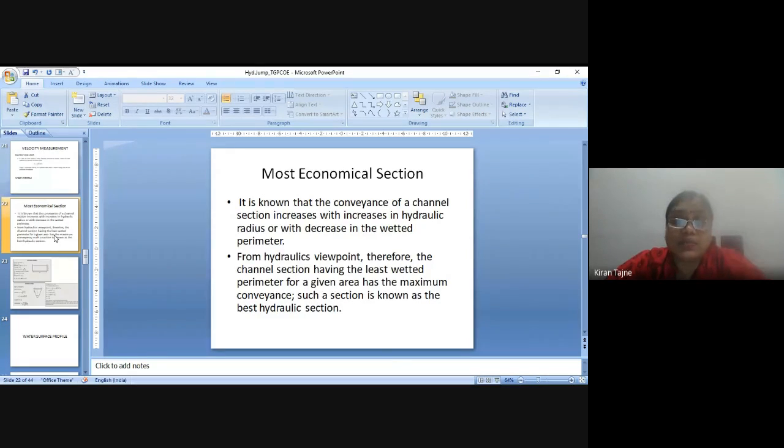Next, we'll see what is the most economical section. Most economical section means where the discharge is maximum. It is also known as best hydraulic section.